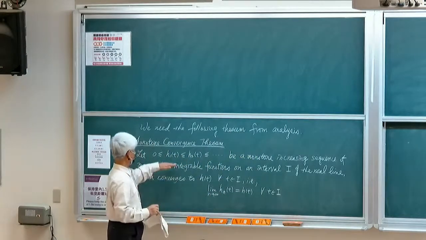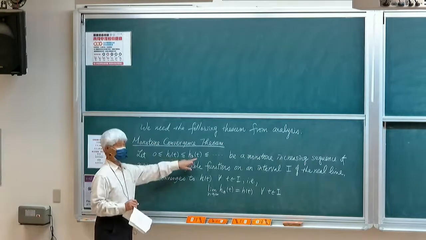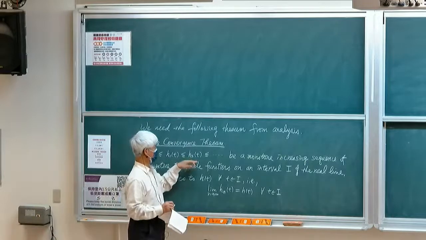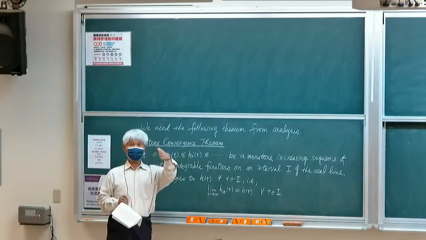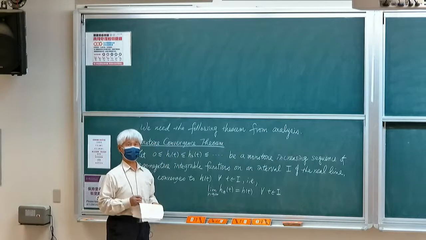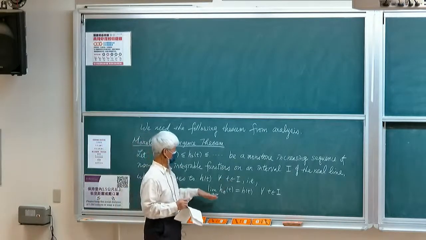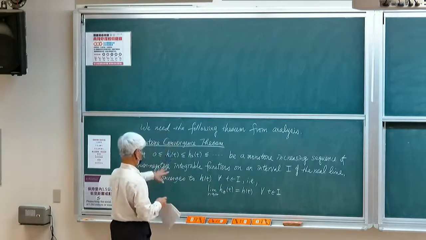So for each t, h1(t), h2(t), ... is an increasing sequence of non-negative numbers, and they approach h(t). Okay, so what we have.